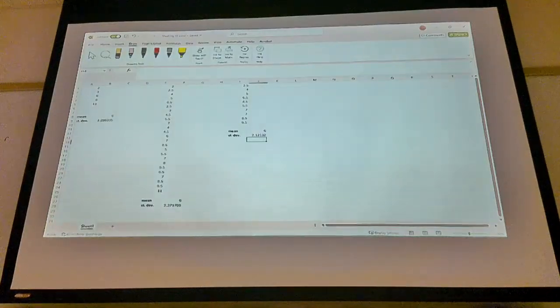Without replacement's better. So that's 5 choose 3, which is 10.